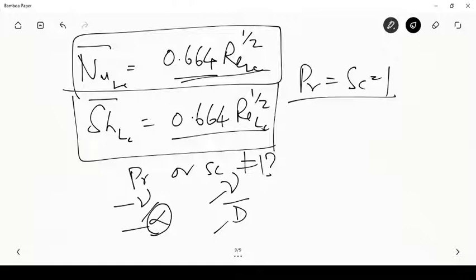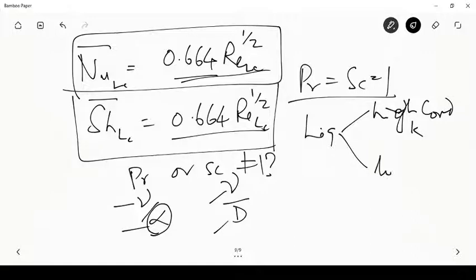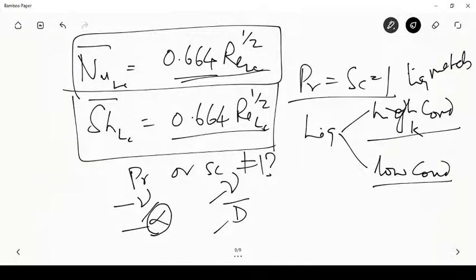So if I have a liquid with high conductivity, which is high K, and a liquid with low conductivity. Let us give examples. High conductivity can be liquid metals, say for example mercury, a liquid metal that we know at room temperature, but at elevated temperatures you can have other metals also in liquid form.